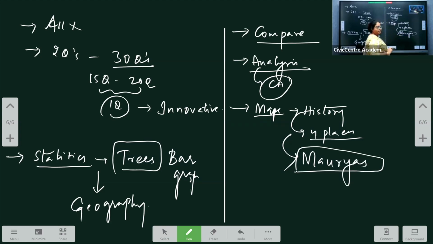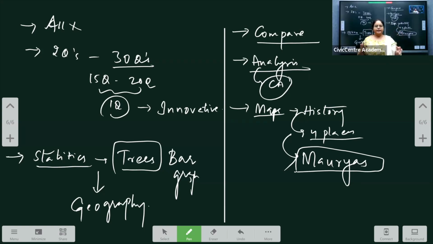Which of the following places that are marked in the map are capitals of Mauryas? So you know that the capitals have been shifted from one city to another. So out of 4, you might have marked 2 or 3 places that are actual capitals under the rule of Mauryas, right? So that also becomes an innovative question.